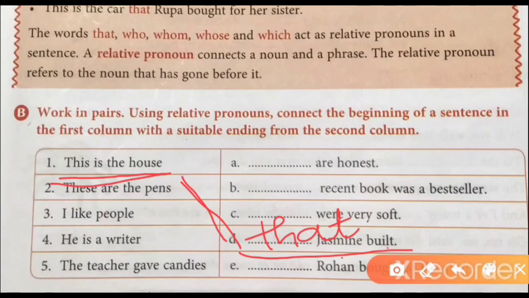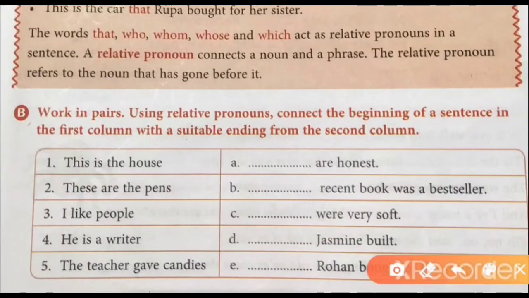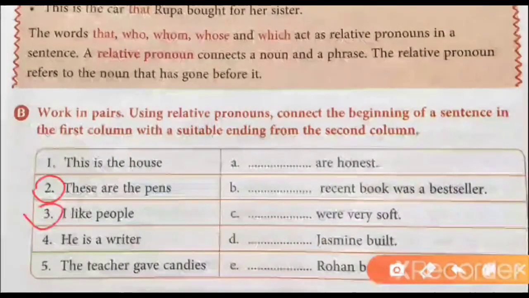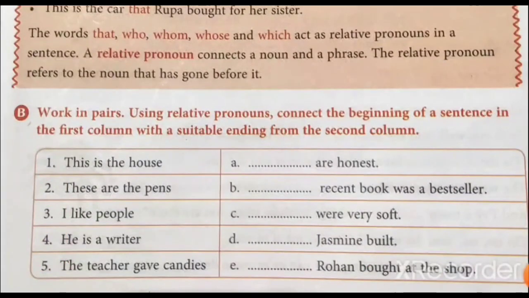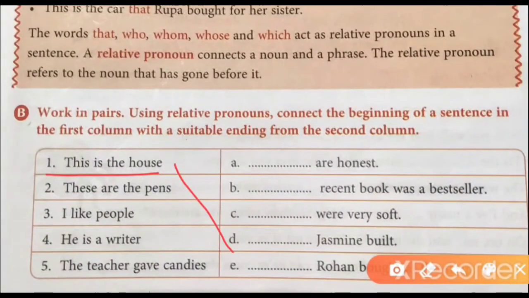So likewise you have to write the remaining ones, 2, 3, 4, 5. These 4 questions you have to do on your own, children. First one again: this is the house D that Jasmine built.